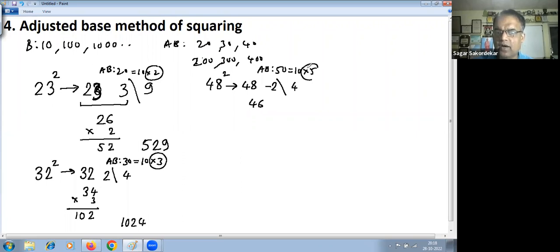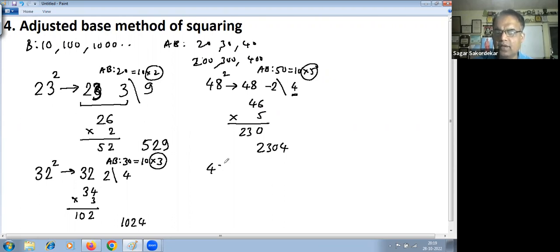Apply this into 5. 5 6s are 30, 0 carry 3. 5 4s are 20 plus 3 is 23. Base is 10, so one digit is correct. So just join: 2304.